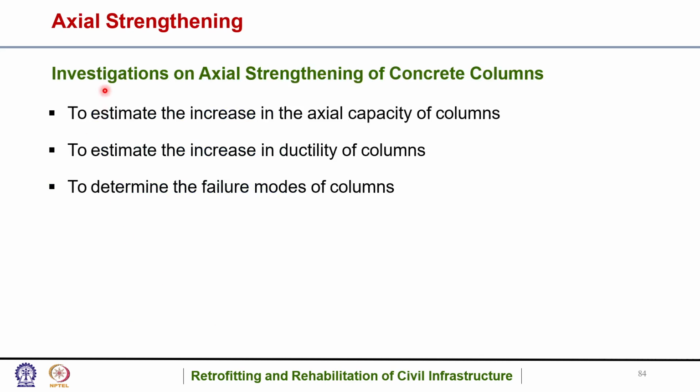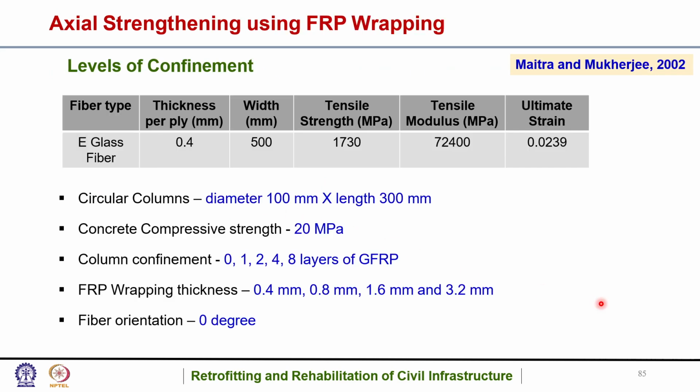The investigation on axial strengthening of concrete columns was done firstly to estimate the increase in axial capacity of columns, secondly to estimate the increase in ductility of columns, and thirdly to determine the failure modes of columns. This study was done for finding the effect of levels of confinement, in 2002 by Moitro and Mukherjee.